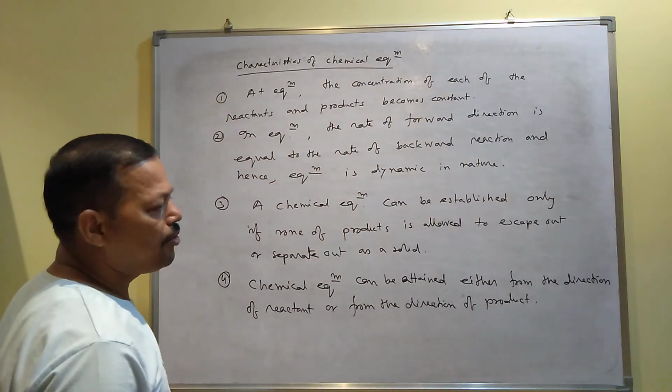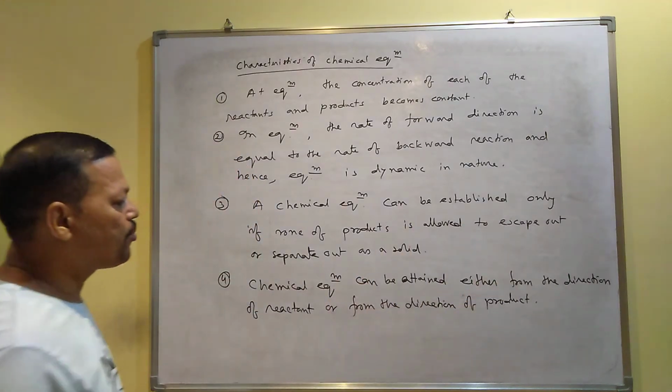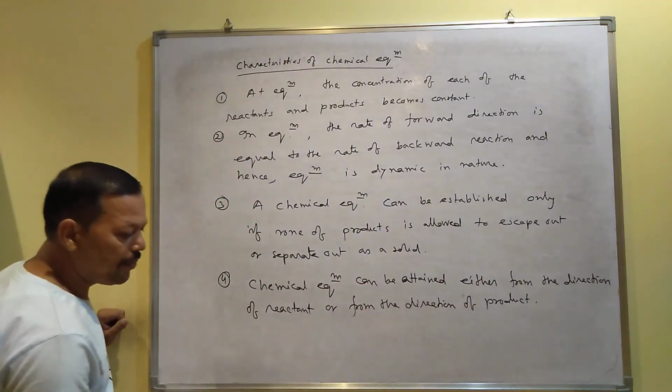The chemical equilibrium can be attained either from the direction of reactant or from the direction of product. You can attain the equilibrium.